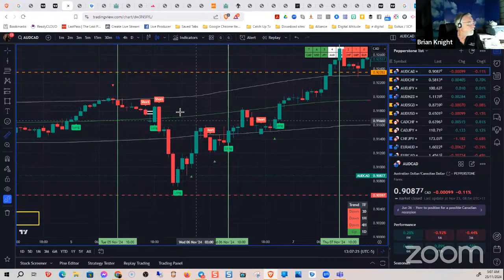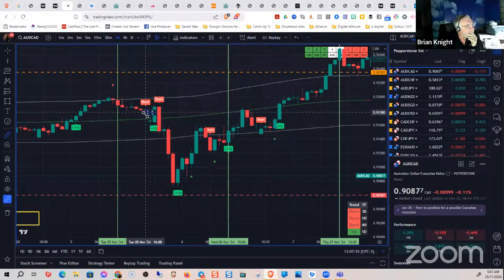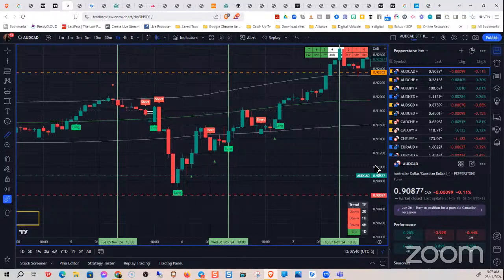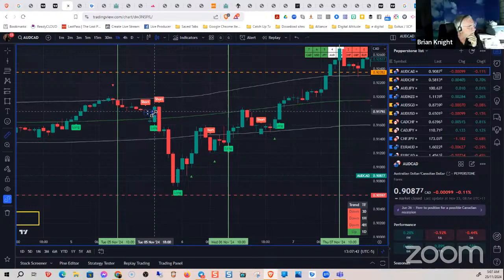And so you enter at the bottom of the fair value gap. Where did it say to enter? At the fair value gap, wasn't it? Yeah, so you enter at the top of the bottom of that. It doesn't really matter.